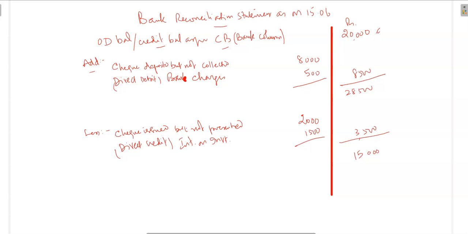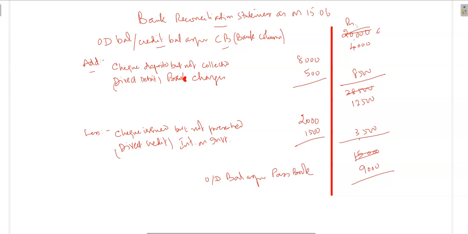So what is the error here? 20,000 is not to be taken. It is wrong. We have to take only 4,000. So this becomes 12,500. 12,500 minus 3,500 is nothing but 9,000, the OD balance as per passbook.